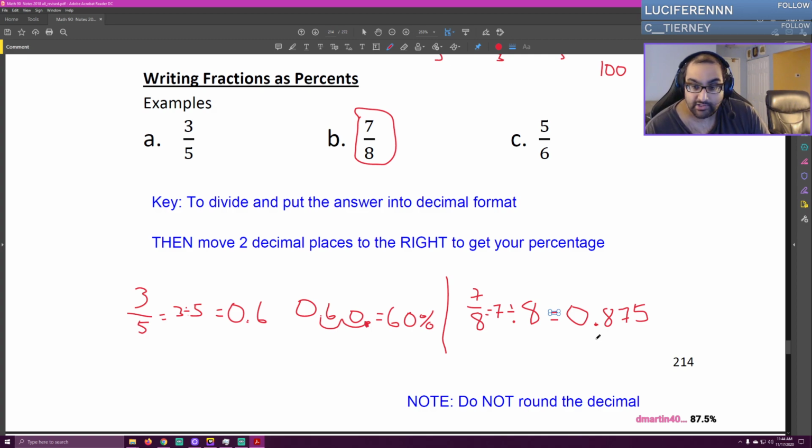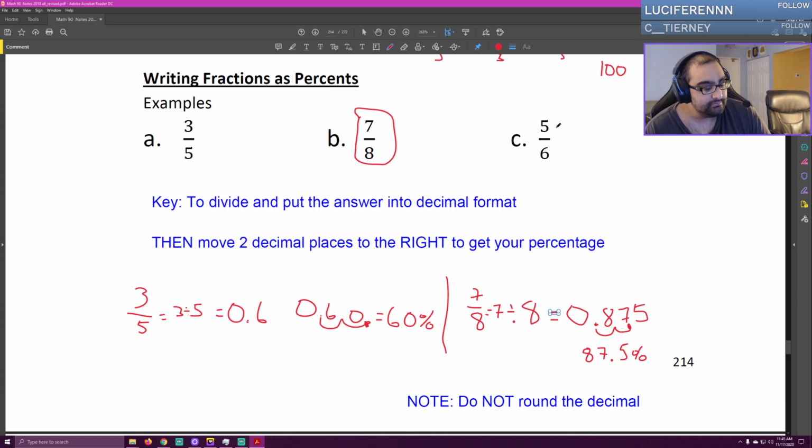So we get 0.875 here. Then we move that over 2 decimal places, 1 and 2. And so here we get, correctly stated here, 87.5%. So I just want to point that out here.